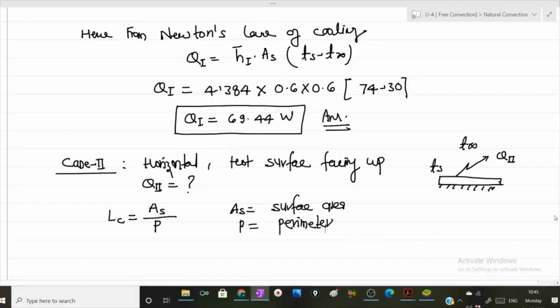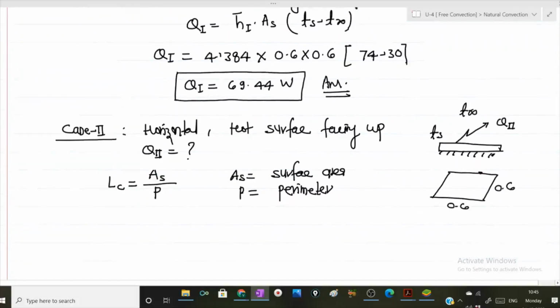So if this is our plate, 0.6 by 0.6, and only upper surface is losing heat.